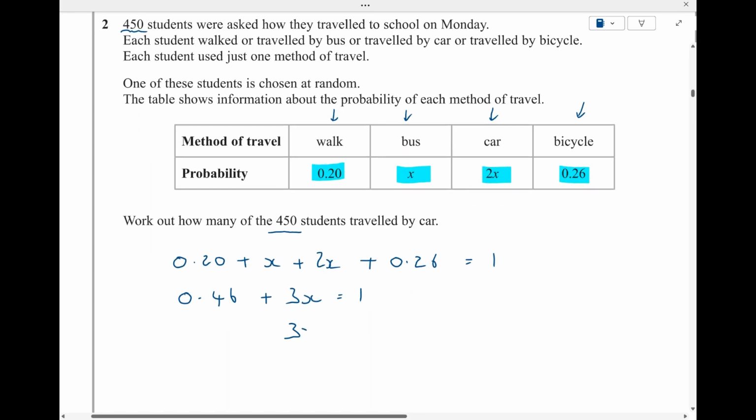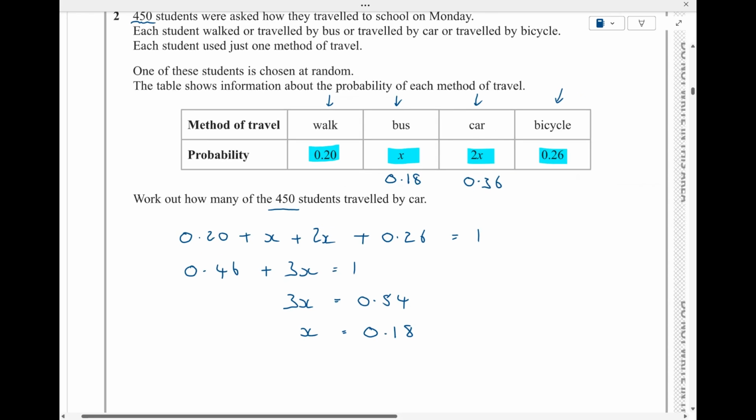So let's subtract 0.46 from both sides. So 3x equals 0.54 and divide both sides by 3. So x is 0.18. Now we know the probability of travelling by bus is 0.18. The probability of travelling by car is double that, 0.36.